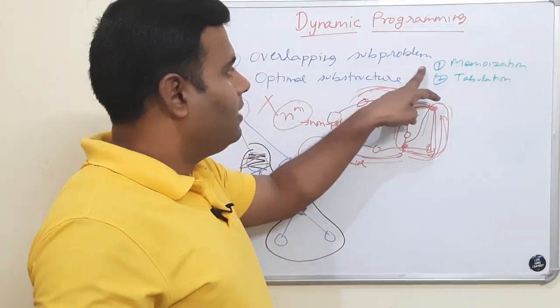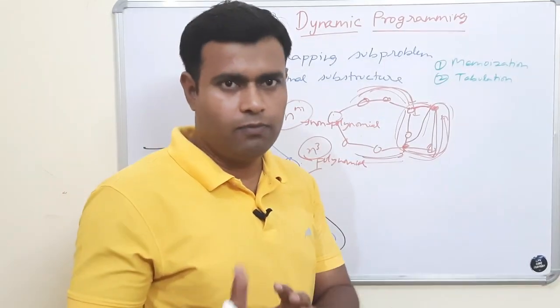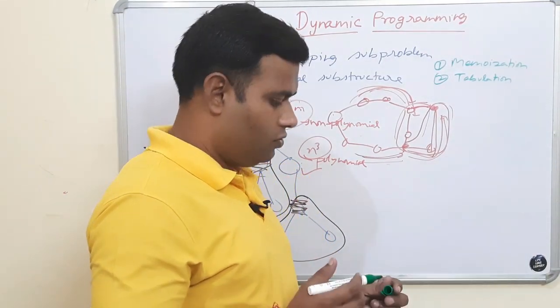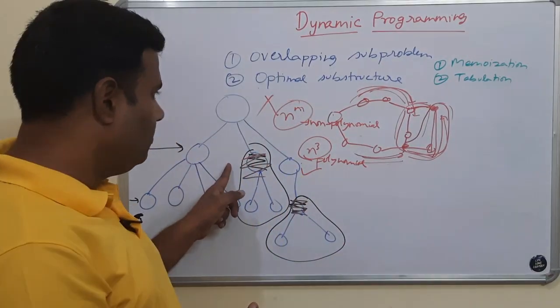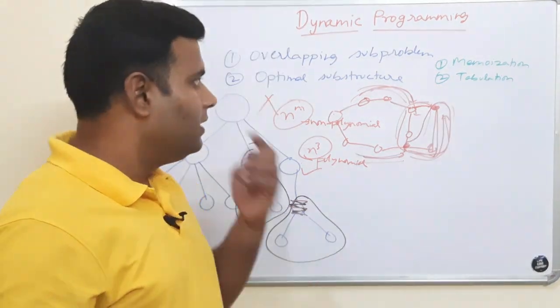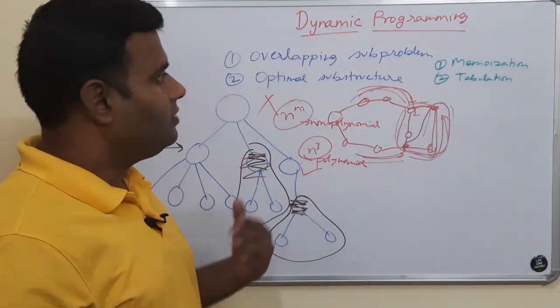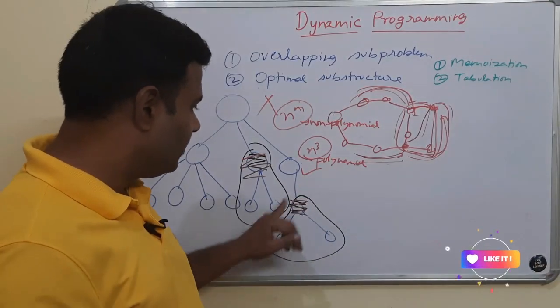Memoization is a general concept. Memoization means storing something in memory. Here we are storing the problem and its result after solving it once, and then we are reusing this solution for other subproblems.